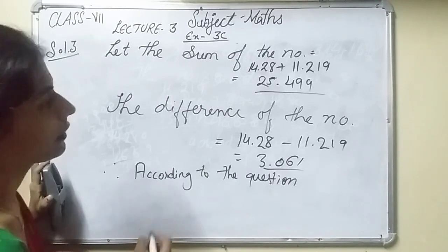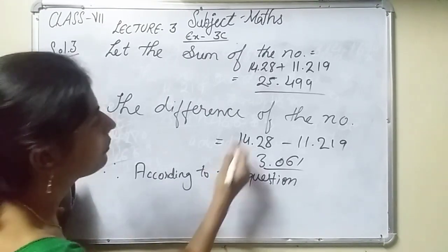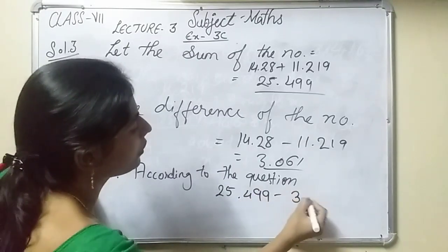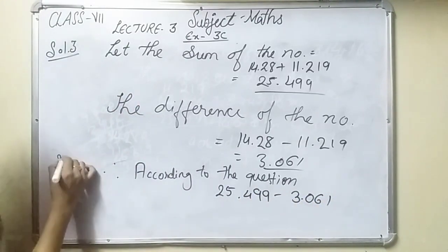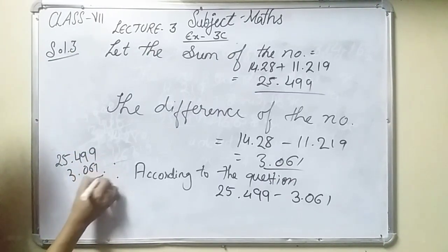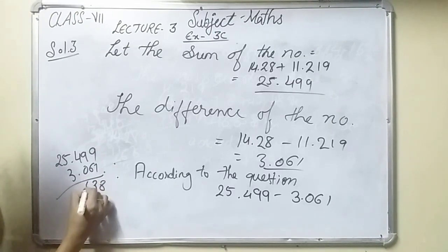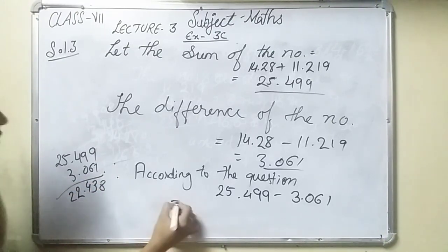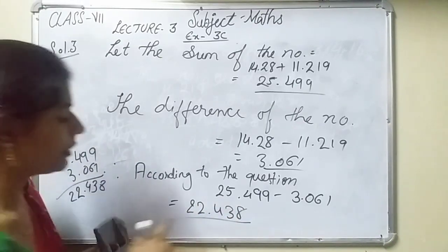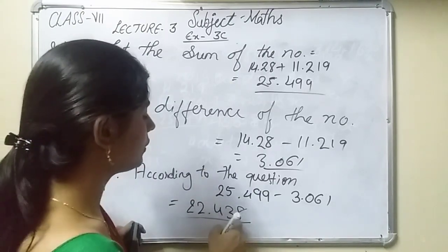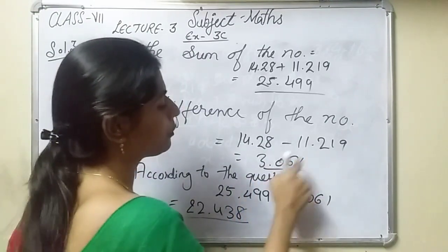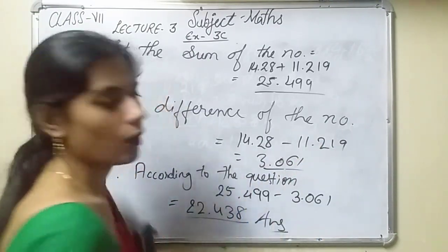Now see, get minus here. 25.499 minus 3.061 is 22.438. So the sum is 22.438 greater than the difference 3.061. Okay.